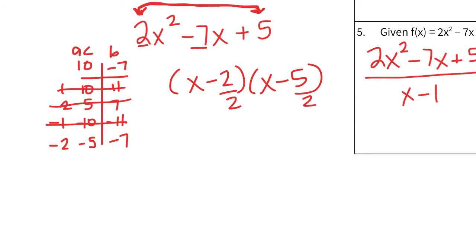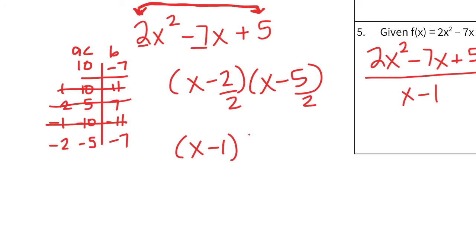Then you simplify as much as you can. In that first factor, 2 divided by 2 is just another way of saying 1. On that second factor, 5 over 2 doesn't simplify, but we do not want to leave it as a fraction. So we take the bottom number and move it in front.